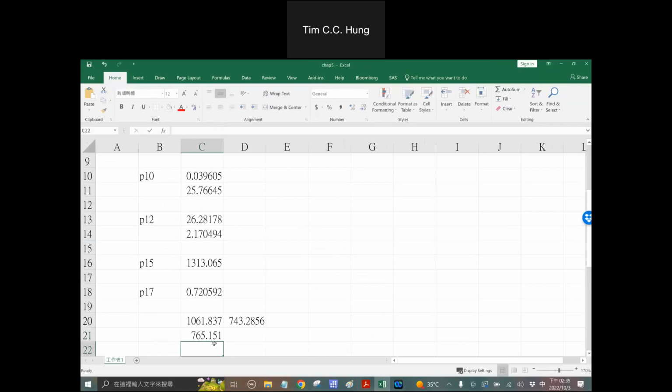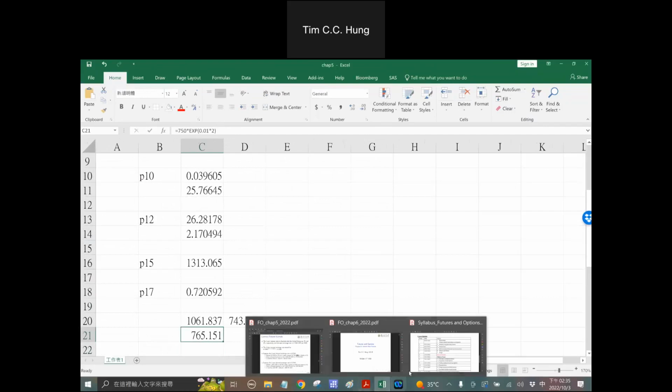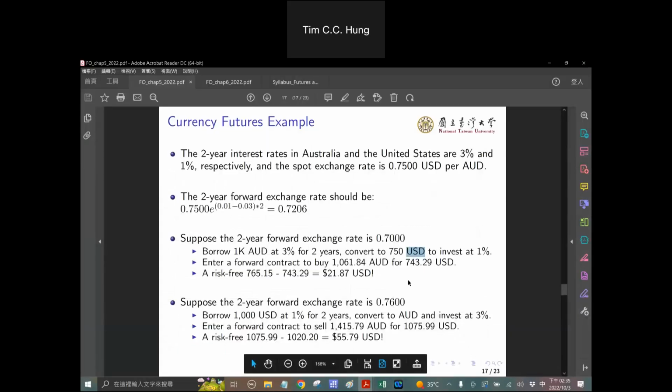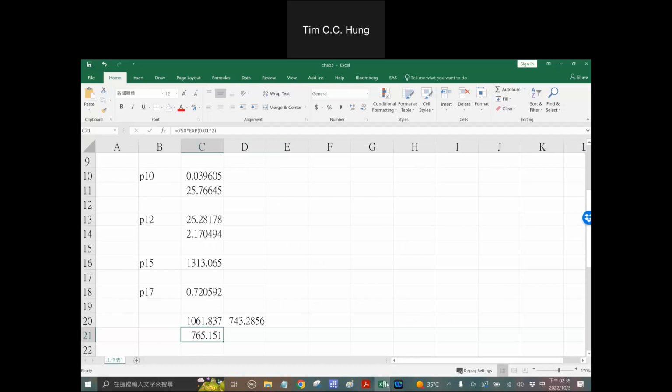So after 2 years, we can expect 765 US dollars and 15 cents. And if we suppose that we have such an amount, forward contract, page 17.